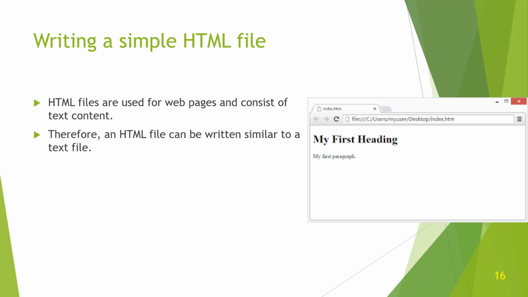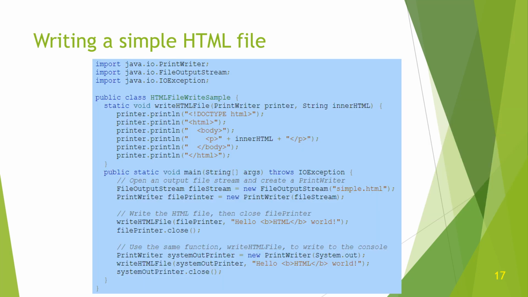Writing a simple HTML file. HTML files are used for web pages and consist of text content. So therefore, an HTML file can be written similar to a text file. This is a small piece of code telling how to write to an HTML file.